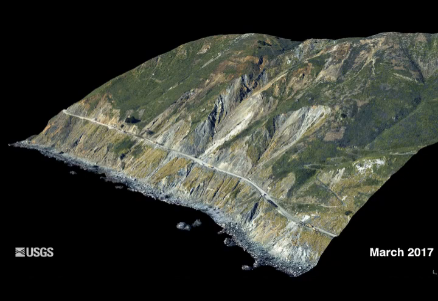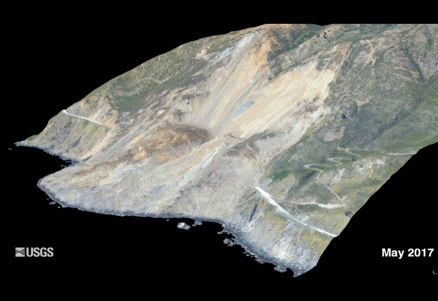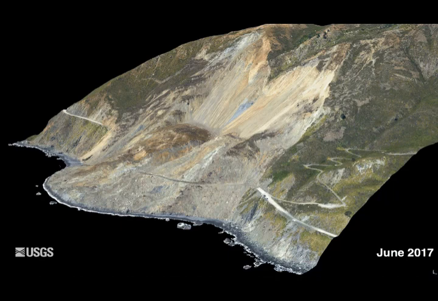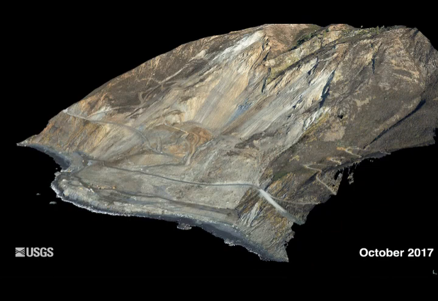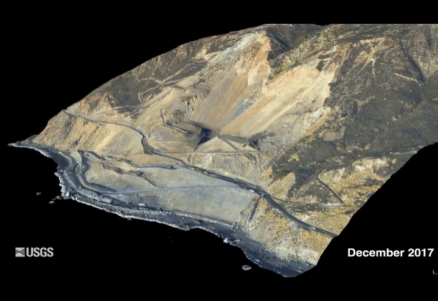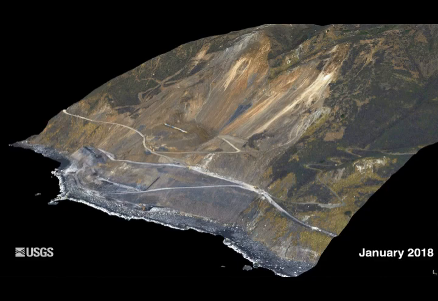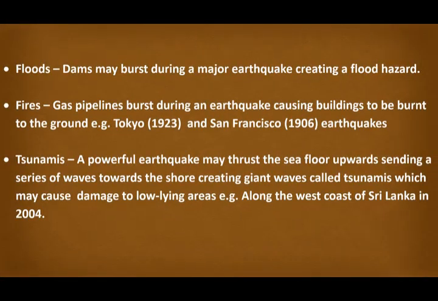Earthquakes can also generate landslides, as you can see demonstrated here. Earthquakes can also lead to flooding, where you may have dams bursting, or you may have tsunamis going very far inland and cause flooding as well.